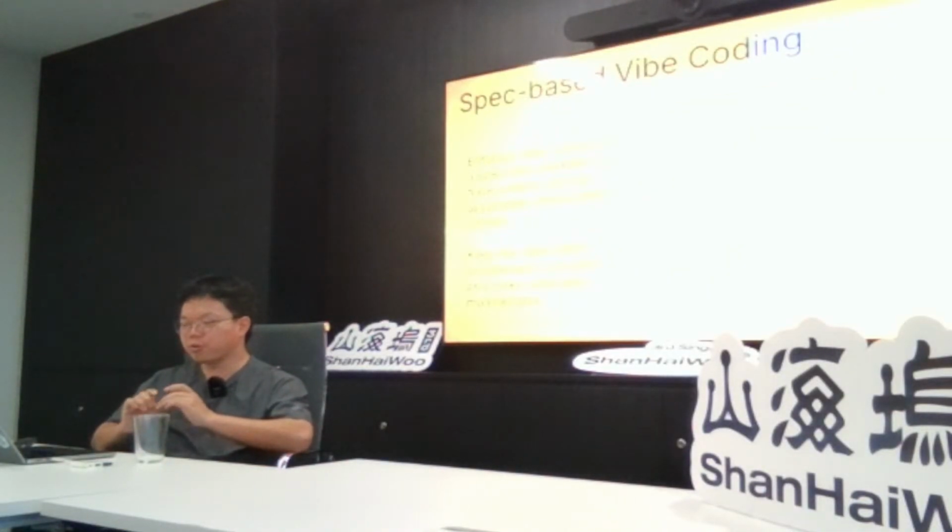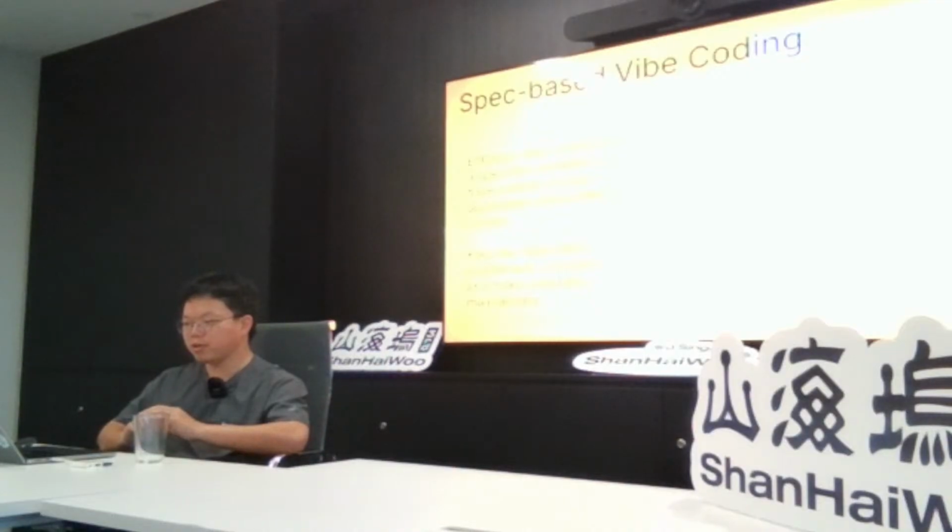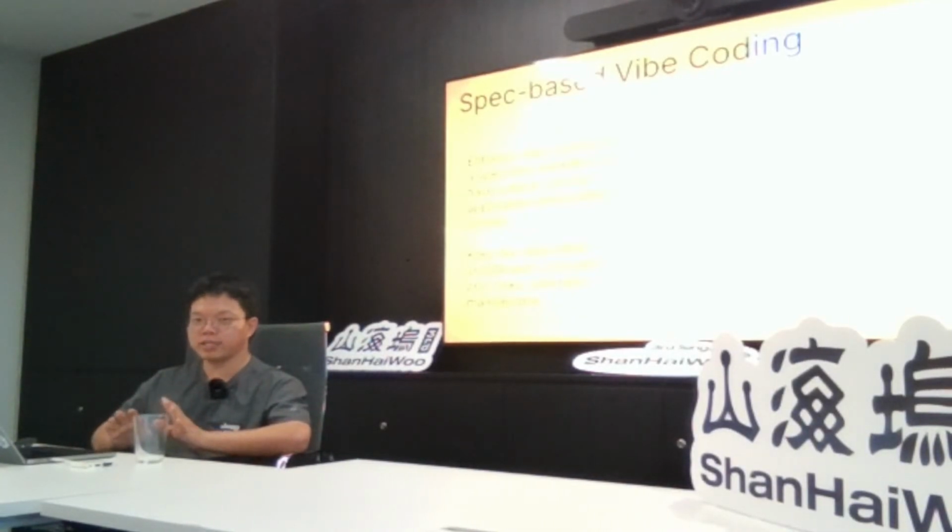So for really building maintainable and larger scale code bases, many developers and all the coding agents are working on this issue, and there is also a new best practice called spec-based vibe coding.